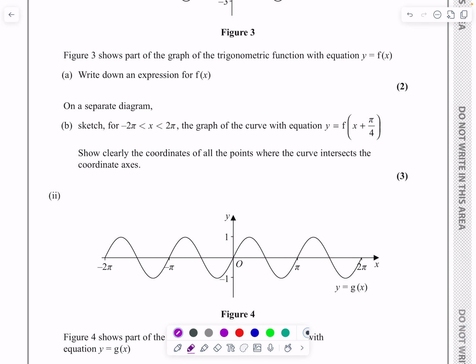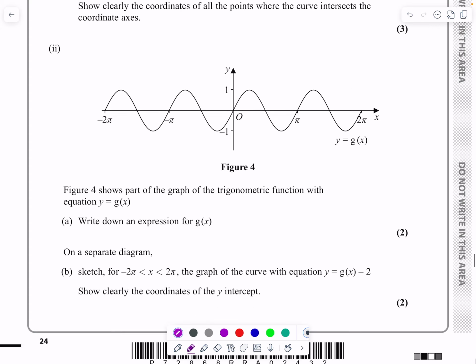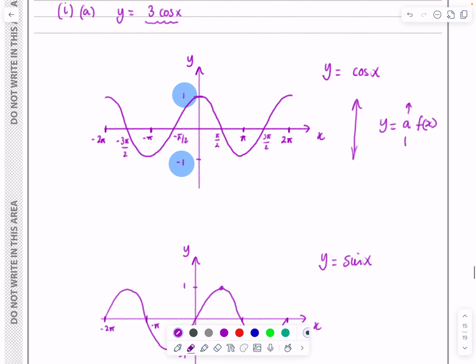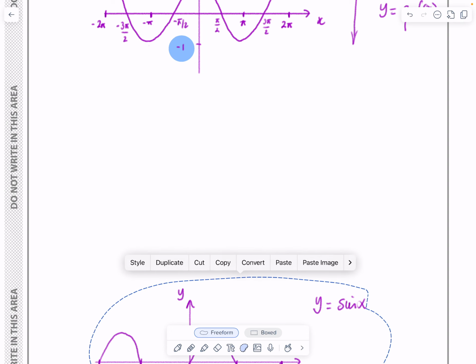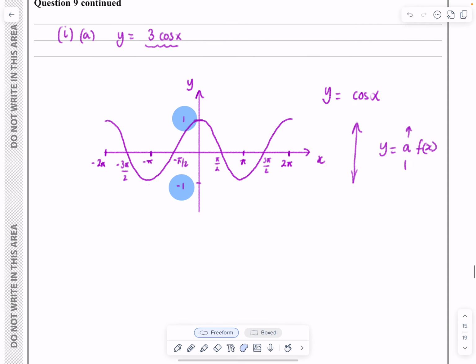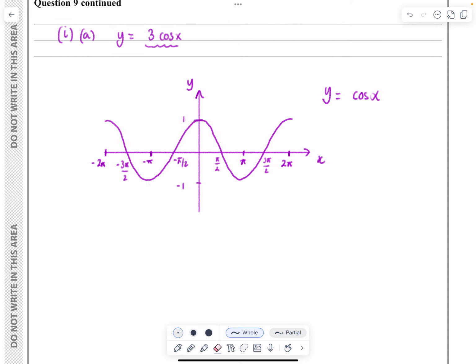Part B says, once we've got that, can we now do y equals f of x plus pi over 4. So first of all, let's get rid of this sine graph. Let's move it out of the way a minute, because I'm going to use my graph that I've already got. Remember, this is y equals cos x, not y equals 3 cos x.